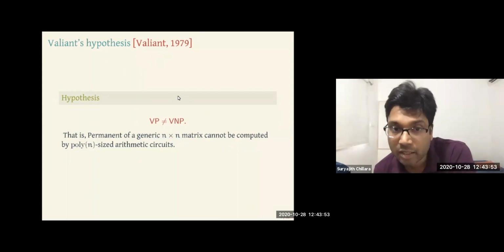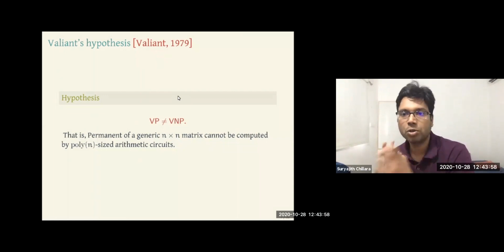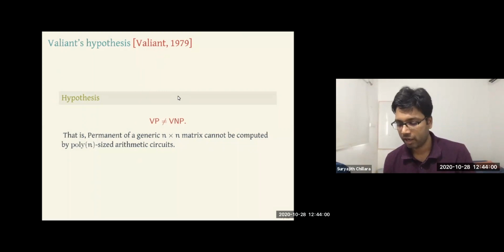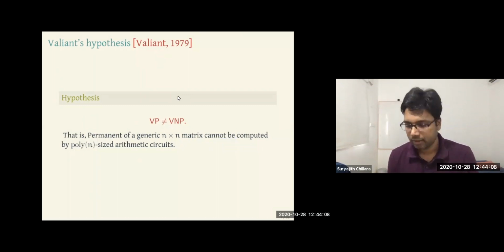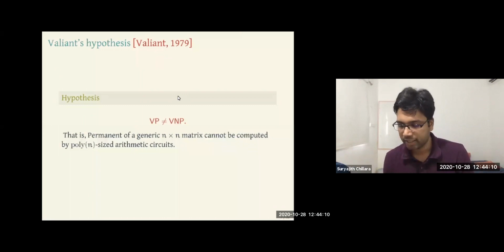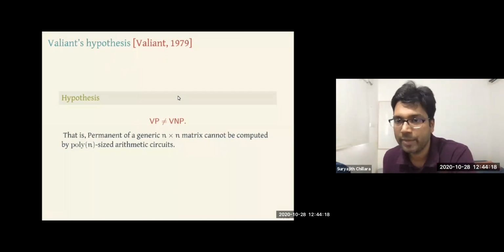And not only the permanent, any polynomial that can be reduced, for a suitable notion of reduction, to VNP, it is conjectured that they cannot be computed by polynomial size circuits. So this is a long-standing conjecture. And that means to resolve this conjecture, we need to prove superpolynomial lower bounds. That means there exist explicit polynomials that cannot be computed by polynomial size arithmetic circuits.